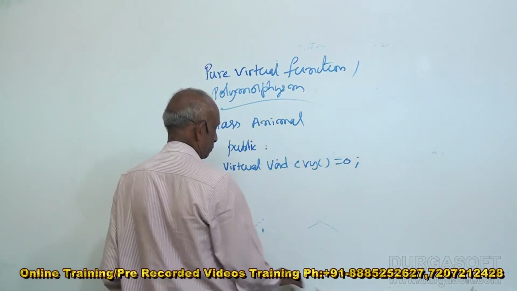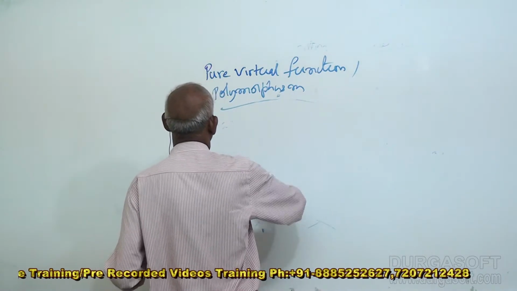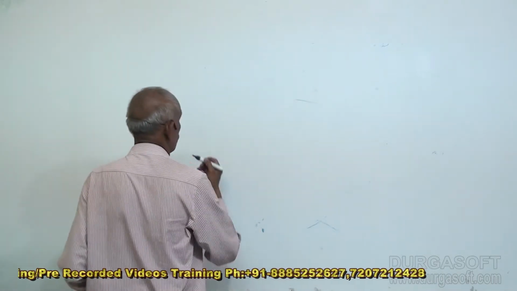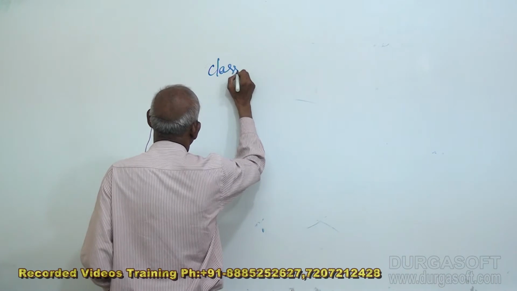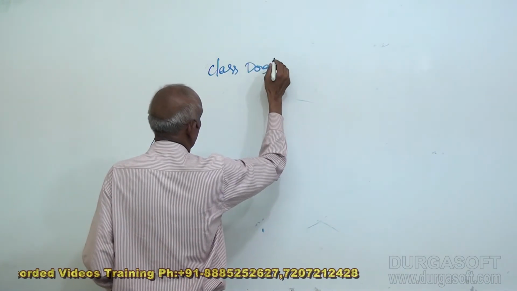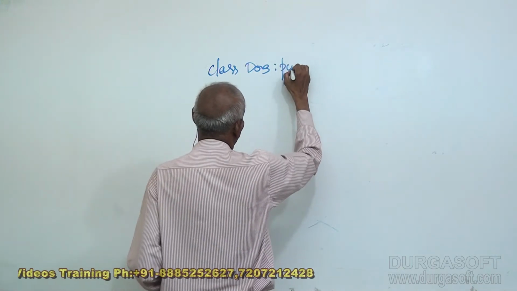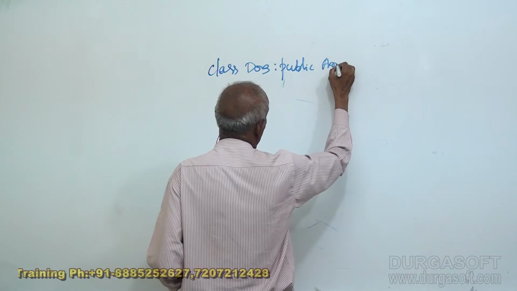So how do I do that? The first animal I am going to create is class Dog, colon, public Animal.